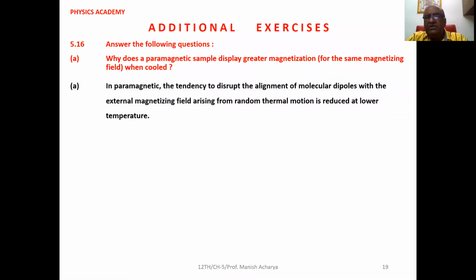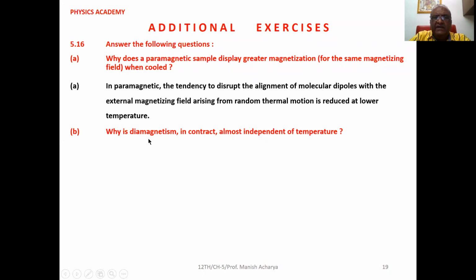When it is cooled, as per Curie's law, its magnetization increases because magnetization is inversely proportional to temperature. And as the temperature decreases, its randomization also decreases because the thermal energy associated with it decreases.